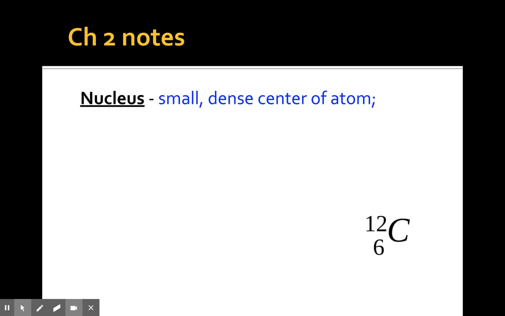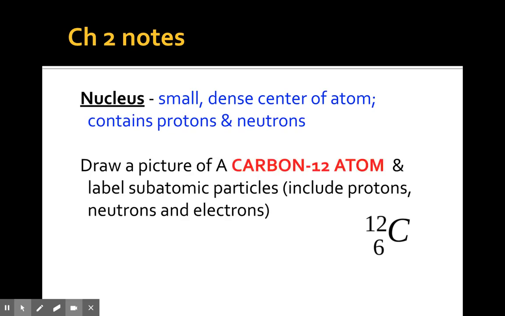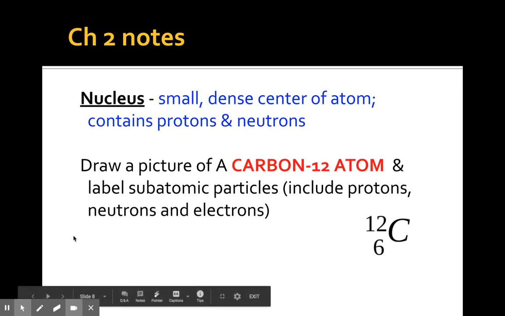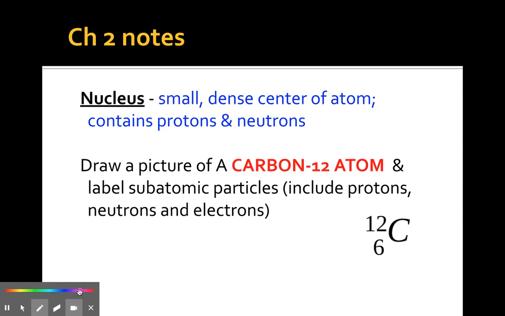The nucleus is the small, dense center of an atom, which contains your protons and neutrons. So if we draw a picture of a carbon-12 atom, and label our protons, neutrons, and electrons, we'll see how well I can draw this. The two particles that are inside the nucleus are protons and neutrons. So carbon-12, this is the symbol for carbon-12.